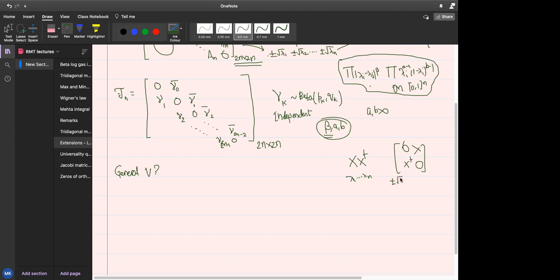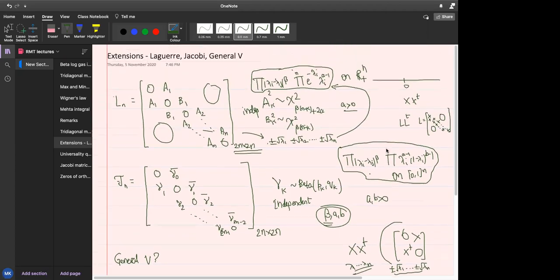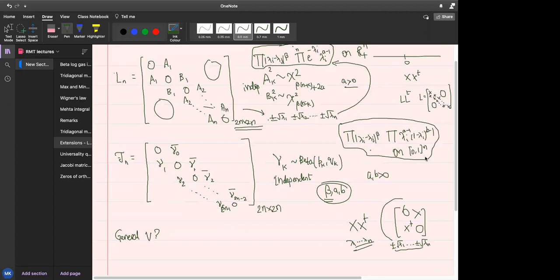Its eigenvalues are plus minus square root lambda 1 up to plus minus square root lambda n. So if your objective is to study this, you might as well study that. There is no difference, but this matrix is way simpler. There are many papers in random matrix theory where substantial simplification can be done in calculations with Wisharts if one uses this trick, which is called linearization.